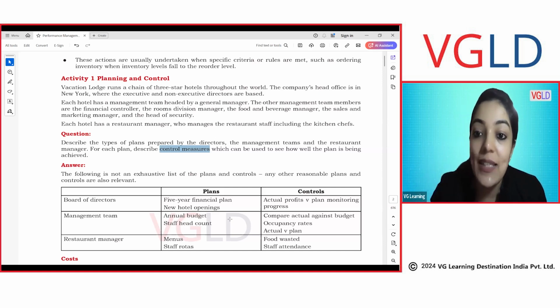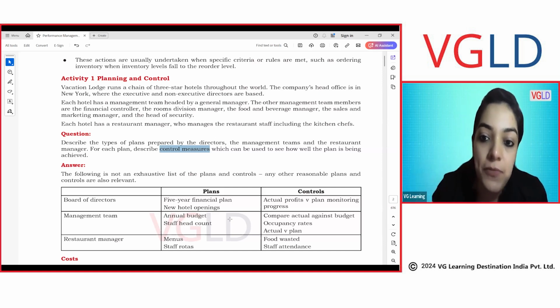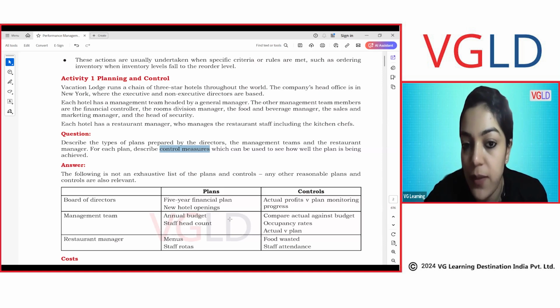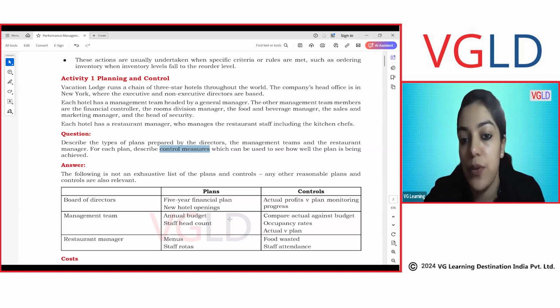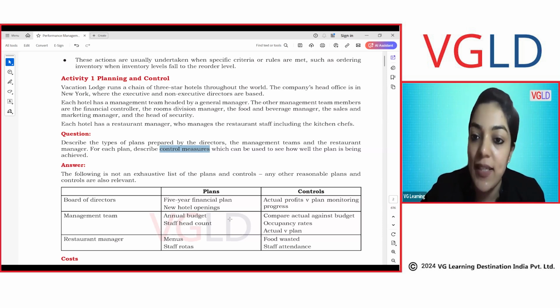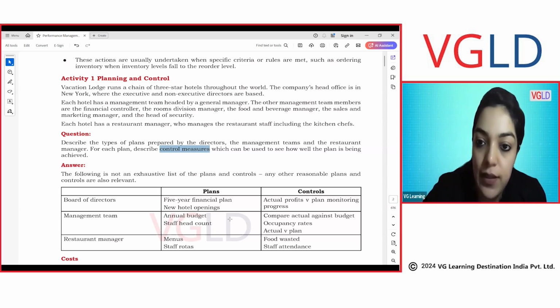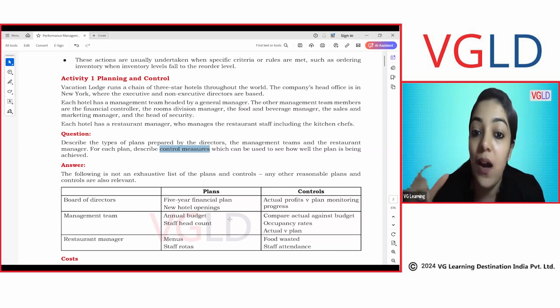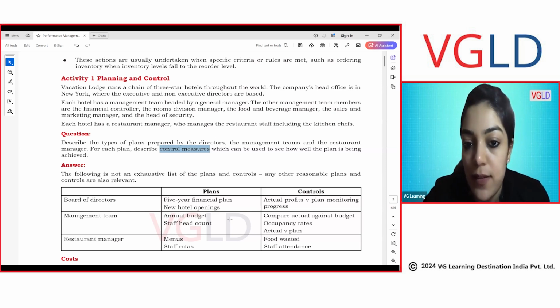So if you could just slightly tweak the words in a way that it reflects hotels and restaurants better, that will improve the quality of your answer. Otherwise, the points that you've mentioned are fine. It's just that you need to tweak them, because most of the theory questions that you're going to see in the paper will be related to a scenario. So start building that habit, how you can relate to the question specific scenario.